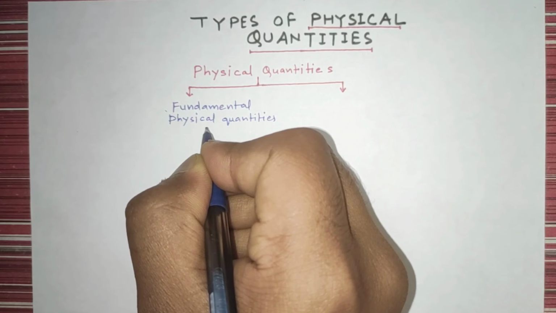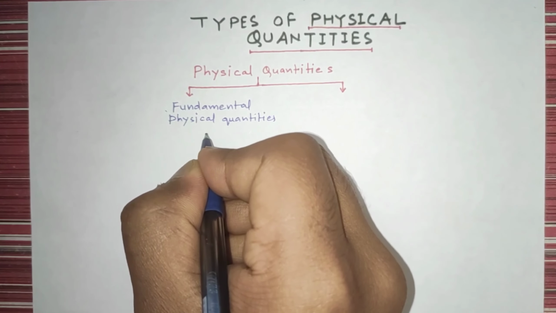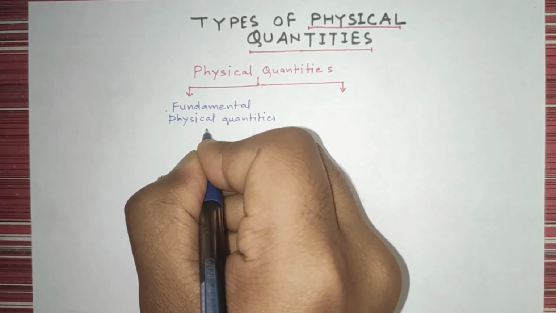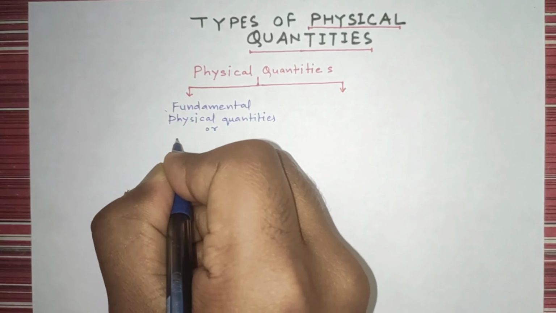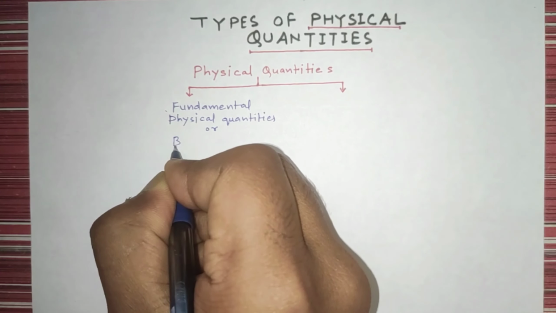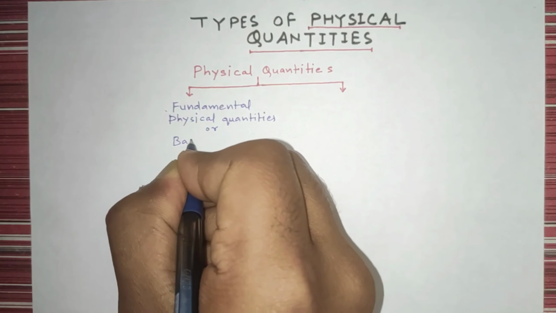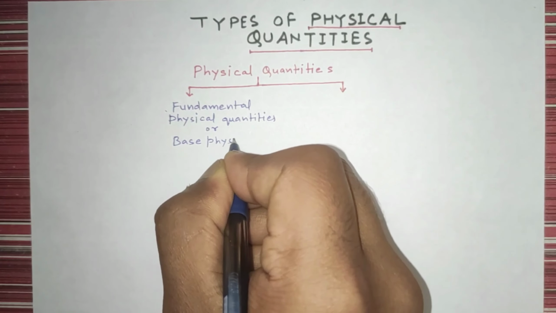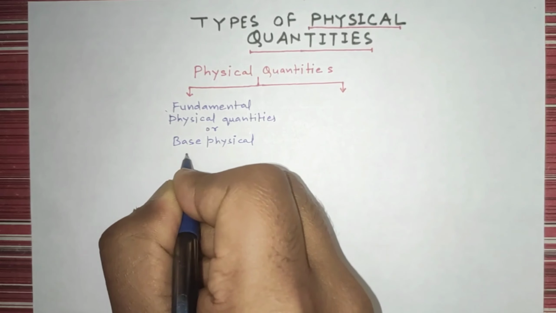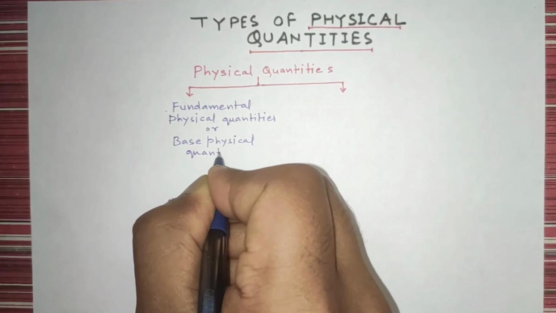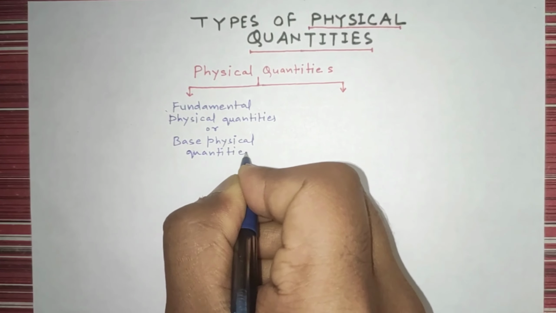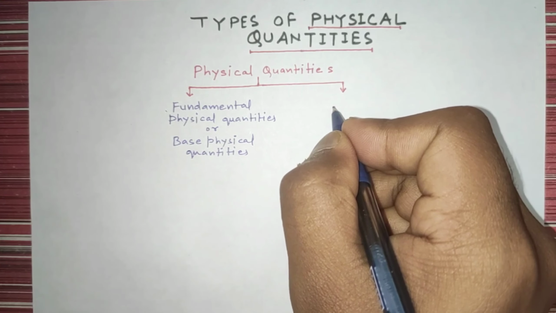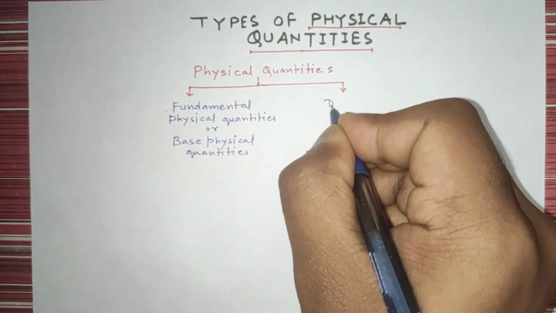Fundamental physical quantities are also known as base physical quantities or base quantities. And the second one is derived physical quantities.